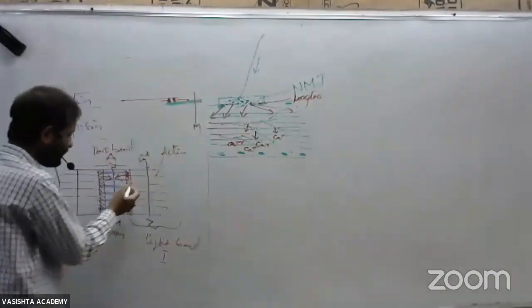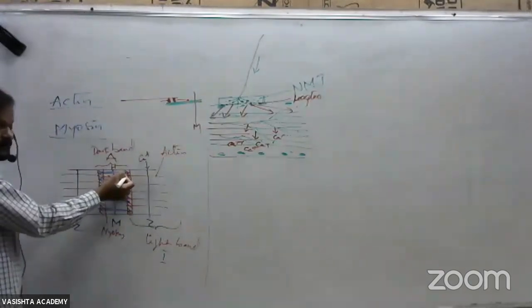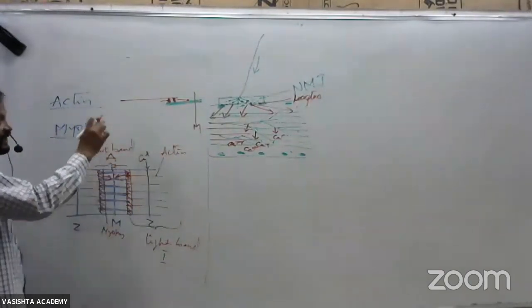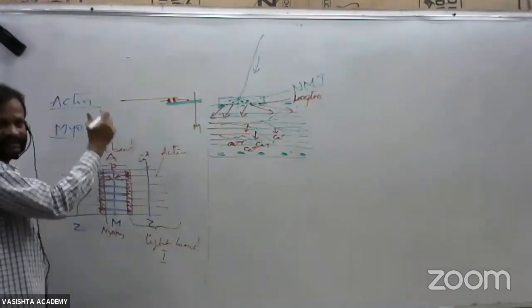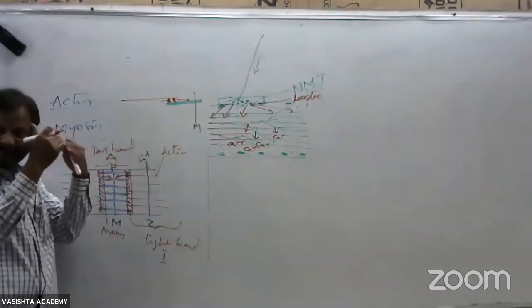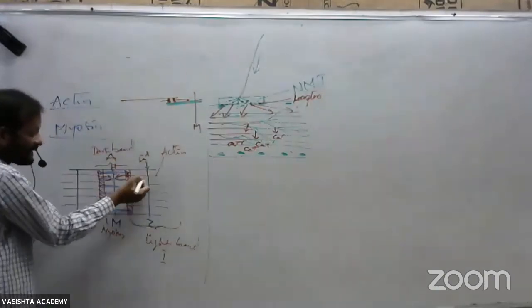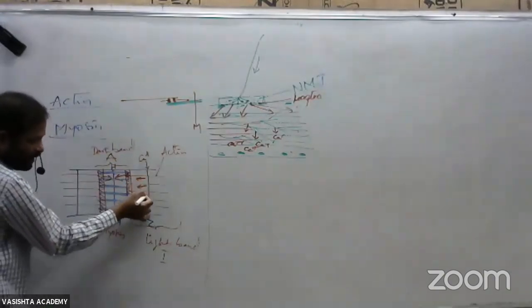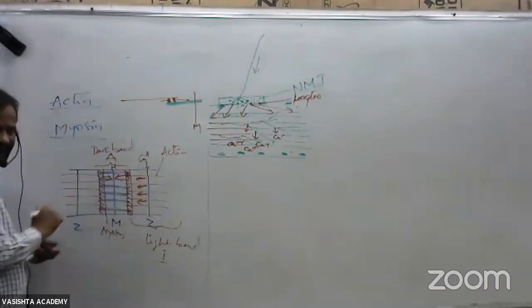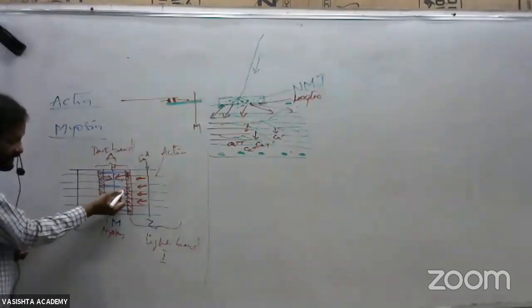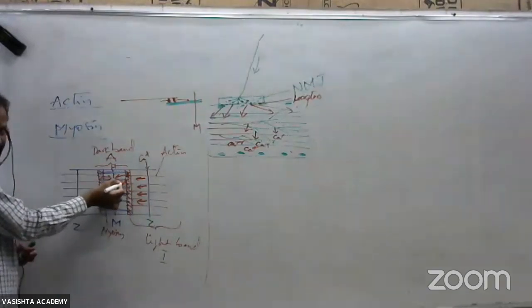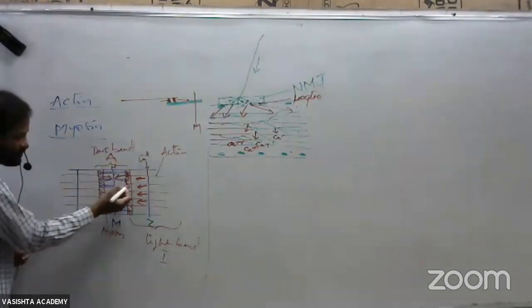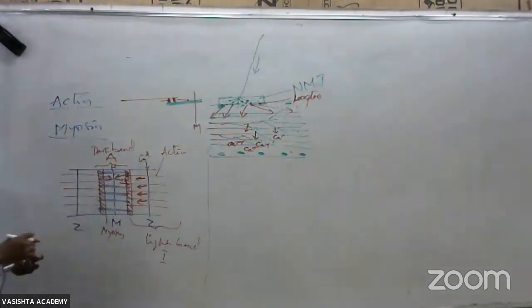So the same thing happens here. If the connecting links between the actin and myosin bend towards the M line, towards the middle of the dark band, the actin filaments will be pulled towards the dark band. That means here previously the actin filament extended up to this area. Because of the pulling force, the actin filament will reach up to here.